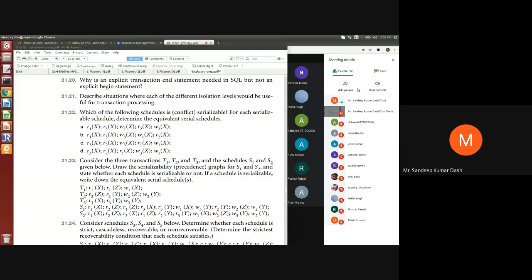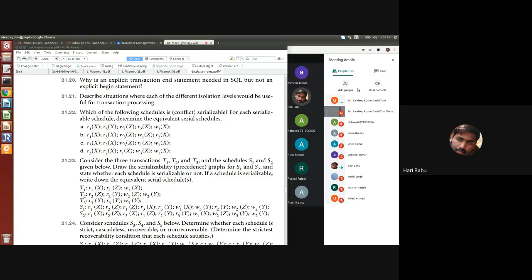Bulbul Kumari, could you complete or not? Hari Babu. So first one and second one, I think first one is non-serializable. Second one is serializable, sir. And the last one I'm doing, sir.